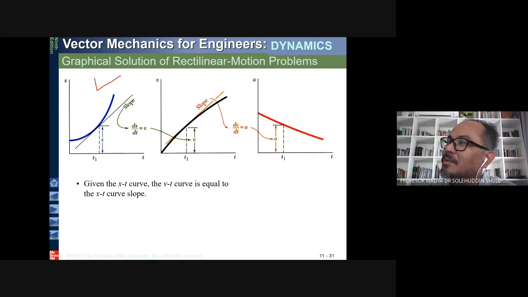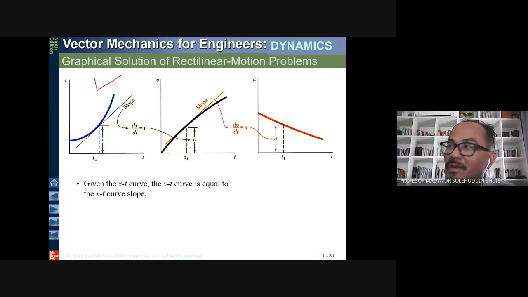So what does this tangent mean? Basically, it's the slope at this instant. The slope of this graph is the velocity.